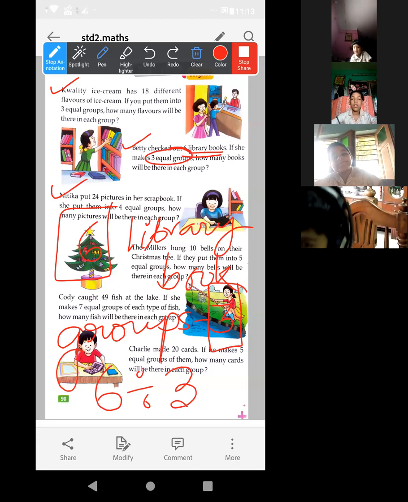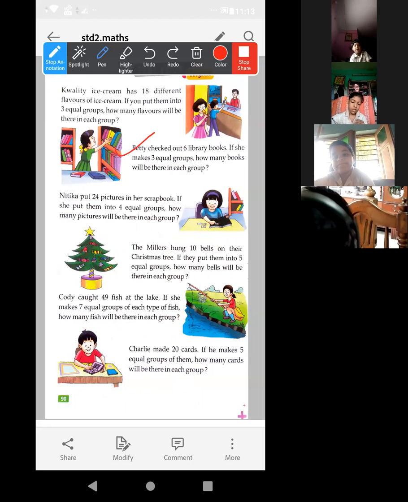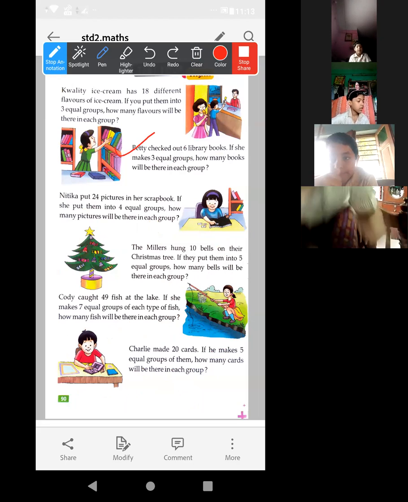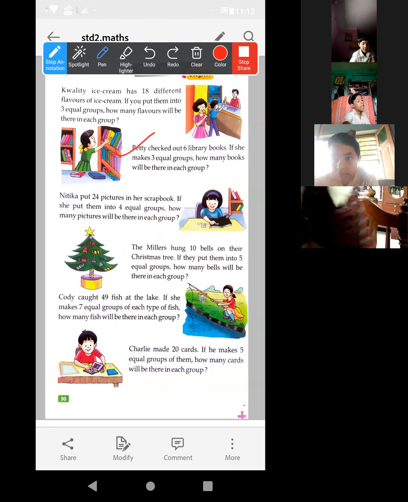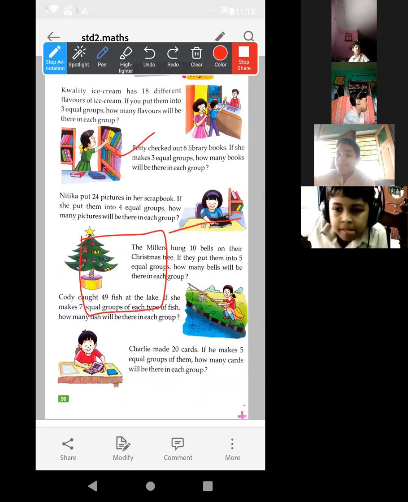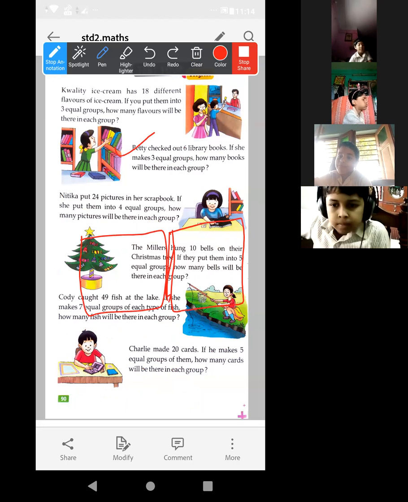Now the next one. Nikita put 24 pictures in her scrapbook. She put how many pictures? 24 pictures. In this way, suppose these are the pictures.